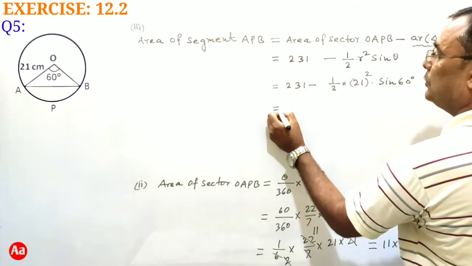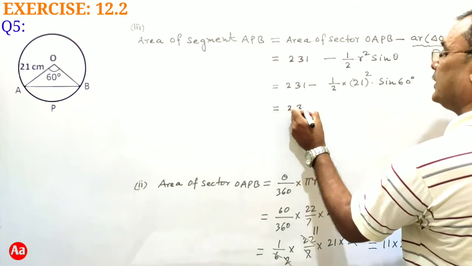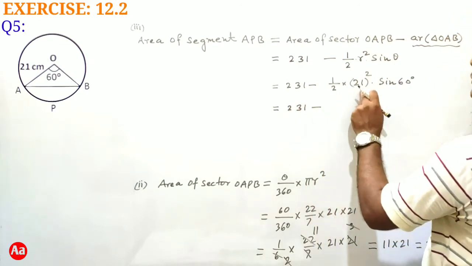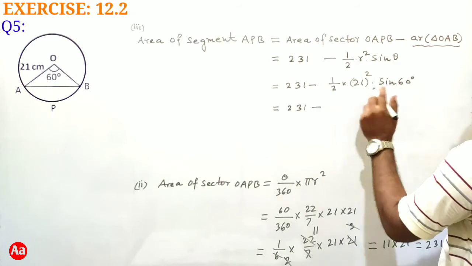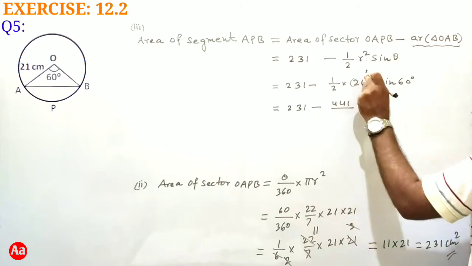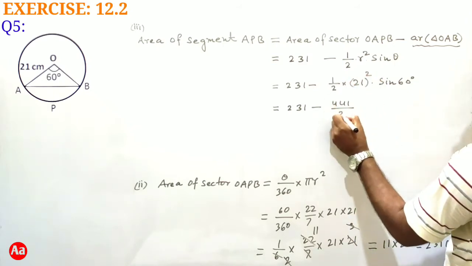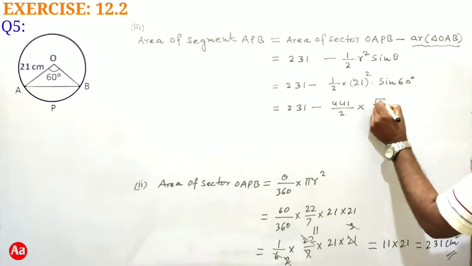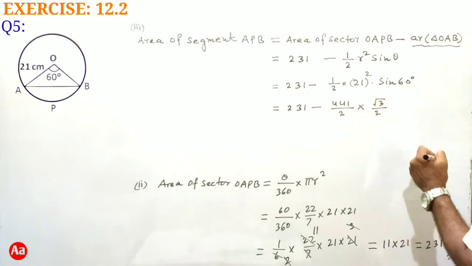This is equal to 231 minus 21 square, 441 by 2 into root 3 by 2. So 441, which is actually 21 whole square, by 2 into sine 60 degrees value root 3 by 2.